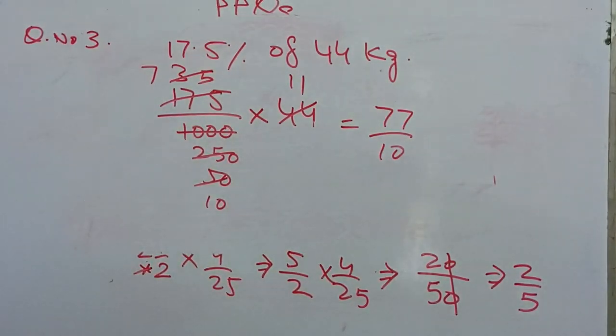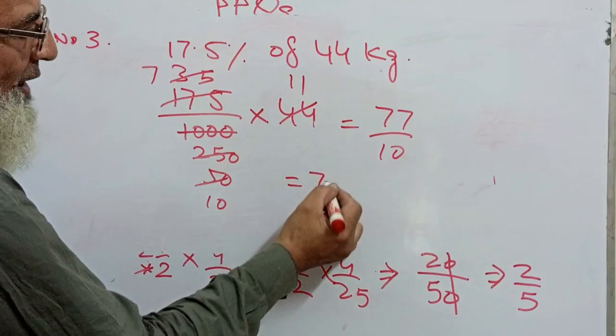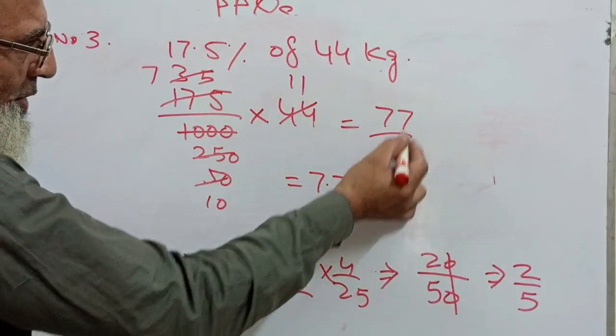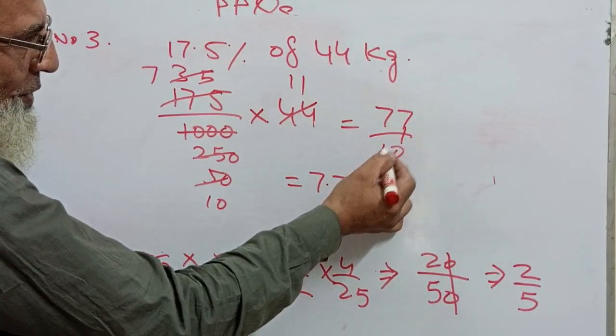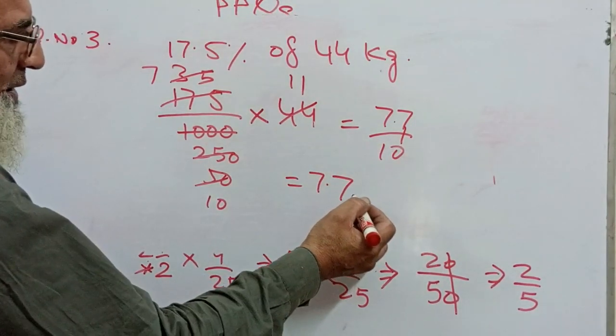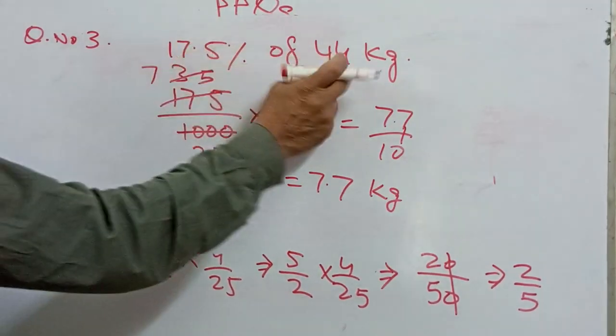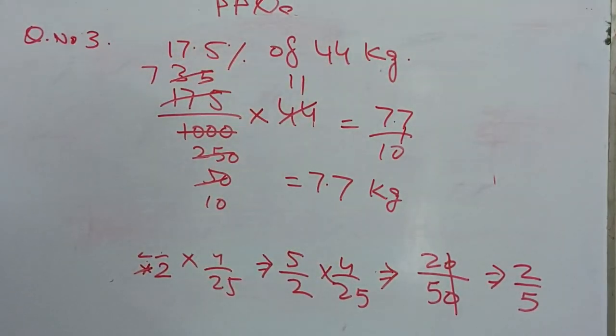You don't have to use the calculator even now. Now you can place 7.7. This is written here, so we'll place a point over here. So 7.7 kg is your answer, which is 17.5% of 44.